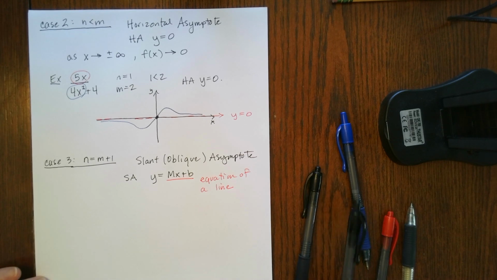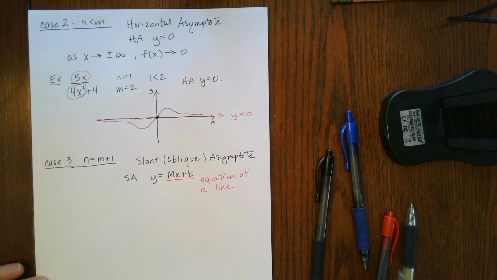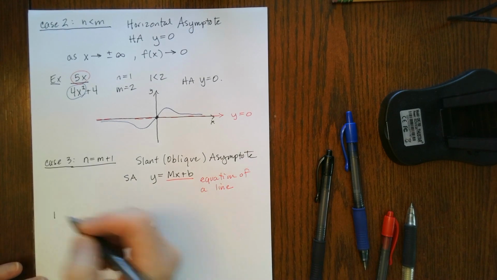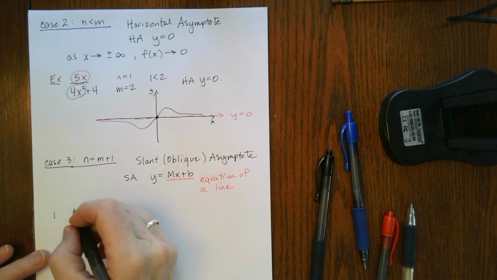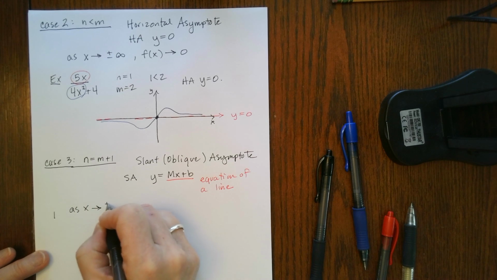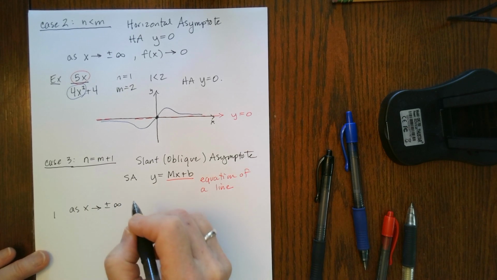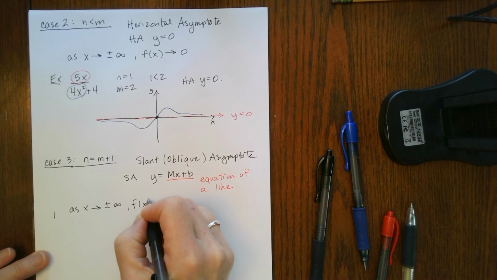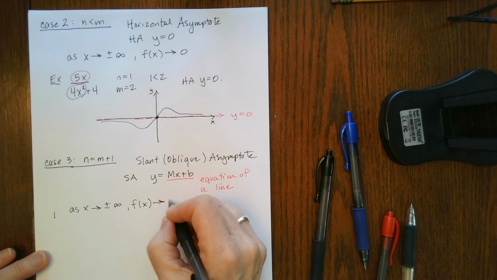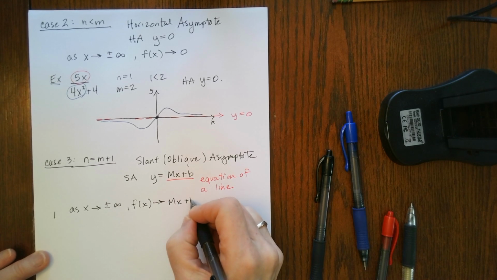So this is a linear asymptote that is neither horizontal nor vertical. Let's look at an example. Oh, and let's do the arrow notation first. As x goes to positive or negative infinity, f of x is going to be approaching this equation of this line mx plus b.